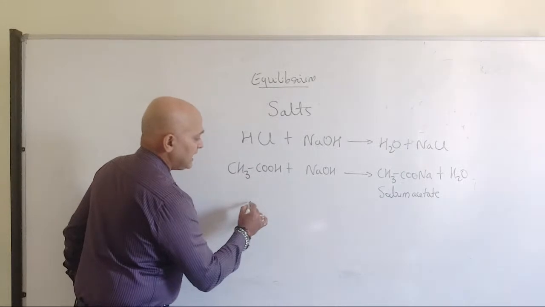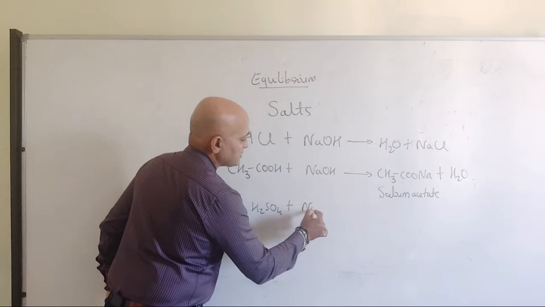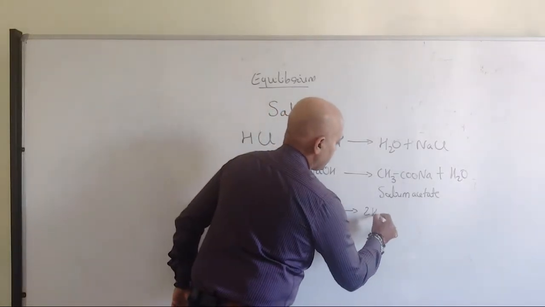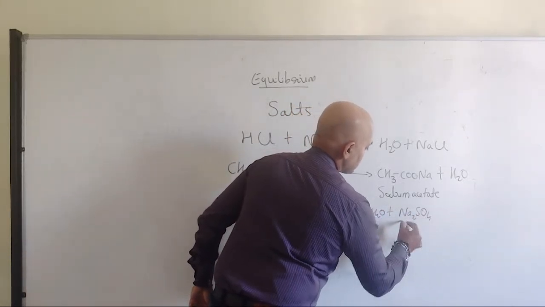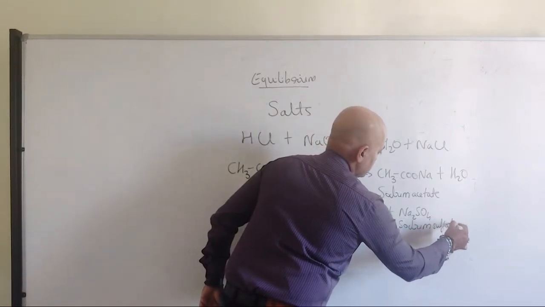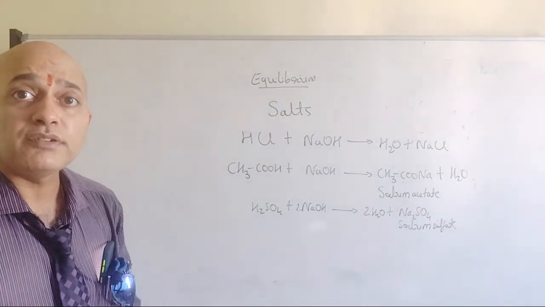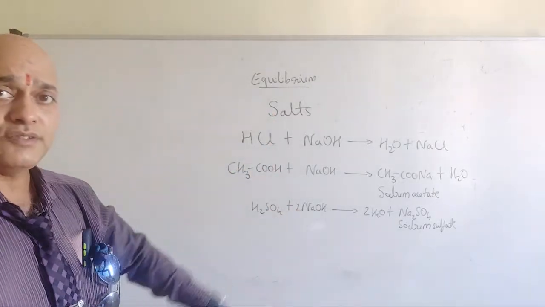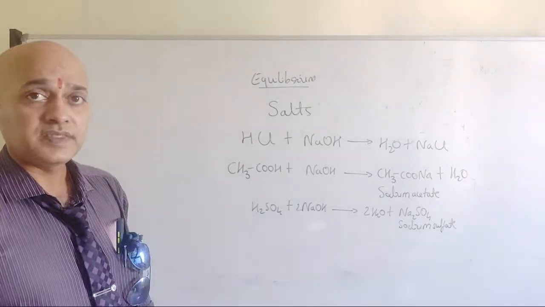In the same way, if I take sulfuric acid and treat it with sodium hydroxide, naturally there will be liberation of water, and along with that there will be formation of sodium sulfate. Another example of a salt. So sodium chloride, sodium acetate, sodium sulfate, all of them are examples of salts.